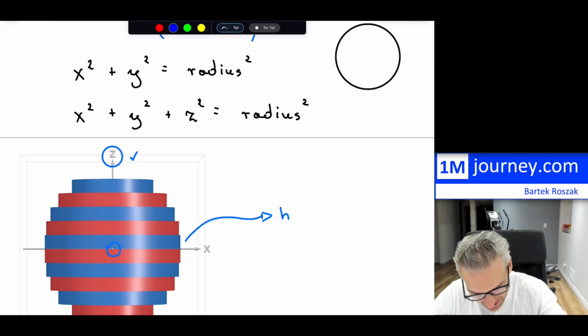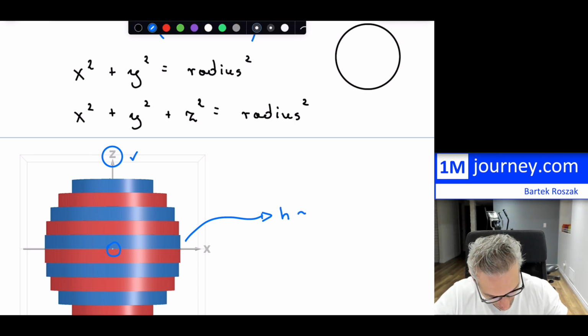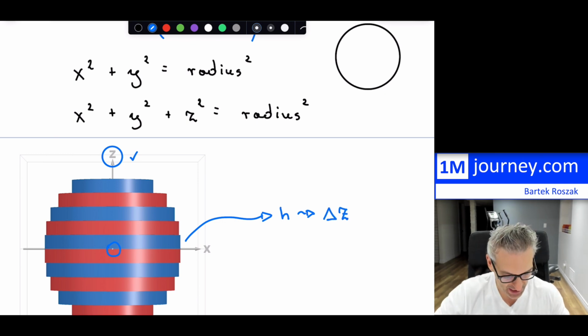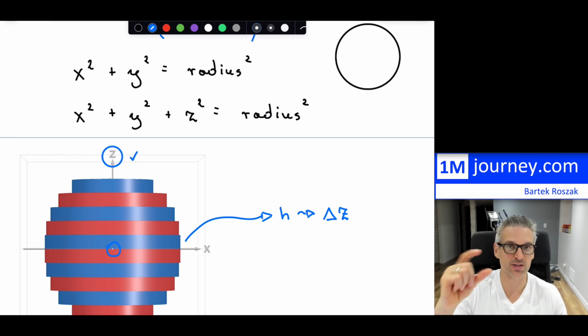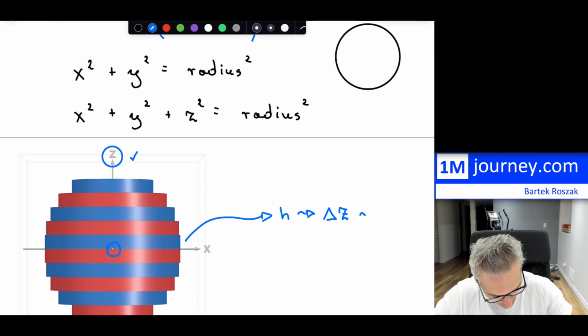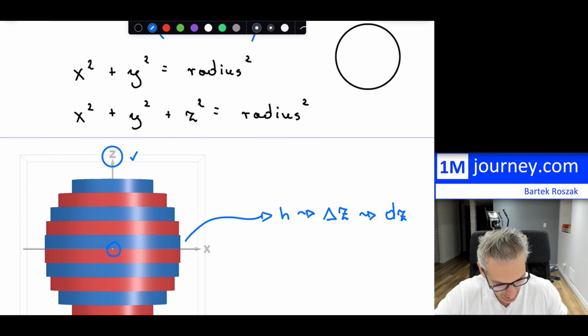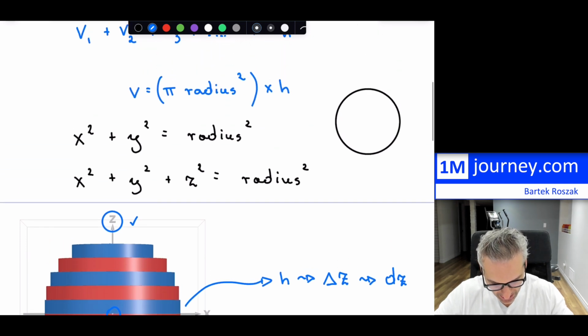Now that height, instead of writing h, what we very often in math will write, because it's some small value, is delta z. Delta just means it's a small value, some change that we have. And moreover, we can also write this as dz, where it's that little bit of a change that we have. So ultimately, we're taking this volume and now we're writing it out.